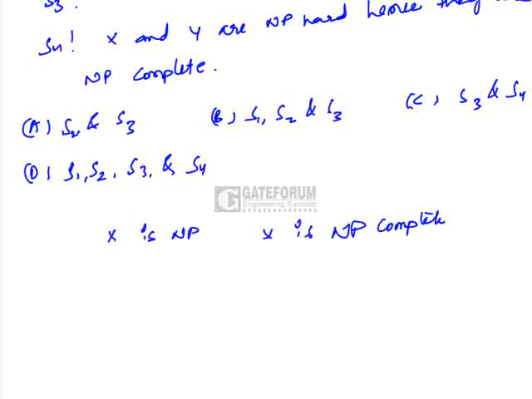That means if any known NP complete problem is reduced to some other problem, then that problem is also NP complete. So we can say, as here X is NP complete, because X is in NP and all the problems in NP are reduced to X. As known NP problem X is reduced to some problem Y in a polynomial time, we can say Y is also NP complete.